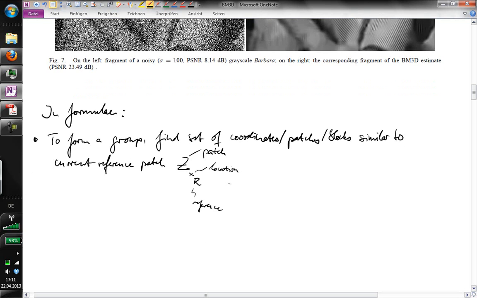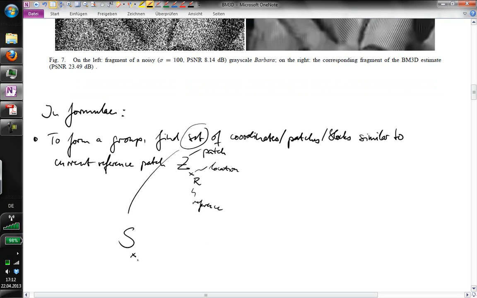Okay. But we want to find a set, and this set is called S for set, S subscript x, which has a subscript capital R, which is the set of all coordinates in our domain, such that the distance between the reference patch and the other patch that we're considering is smaller than some threshold.